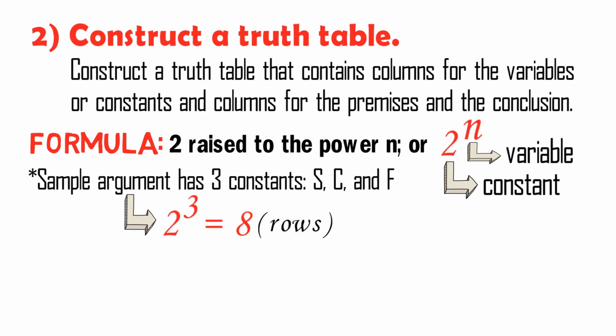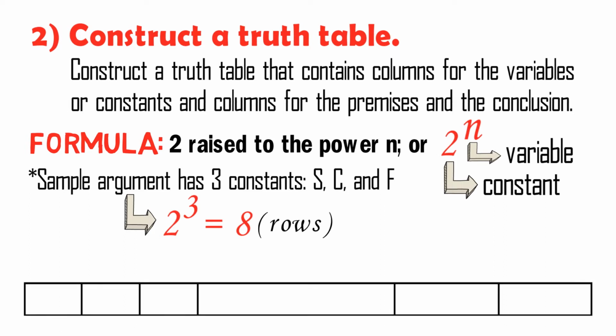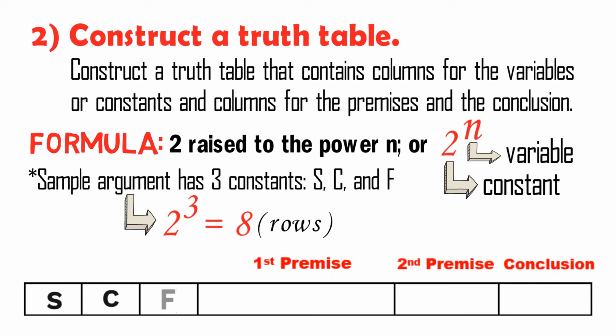This means that we need to construct a truth table that contains 8 rows. But first, we have to draw columns for the constants in the premises and the conclusion, which will look like this. After drawing the columns, we will now draw 8 rows. With this, the truth table will now look like this.